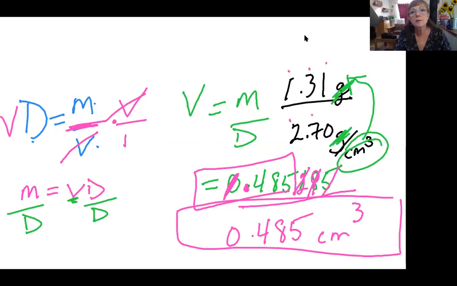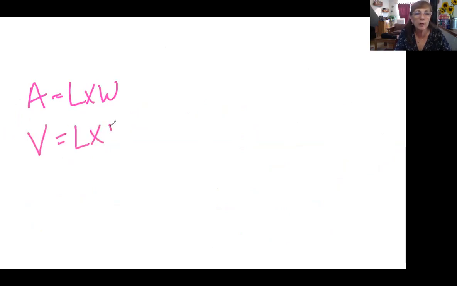Final piece to this is figuring out the thickness. So you have an area, you have a volume, which traditionally you would write like this.